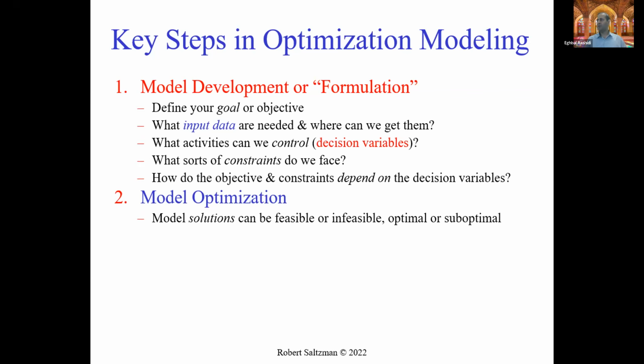So any solution that violates even one constraint would be infeasible. We could have feasible solutions that are non-optimal, and we could have feasible solutions that are optimal. So we can have an optimal solution, a non-optimal solution, or also a suboptimal solution.